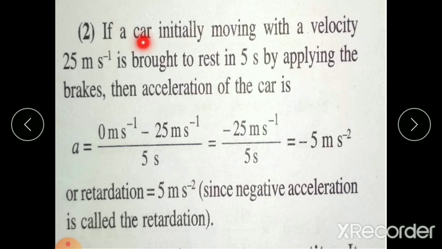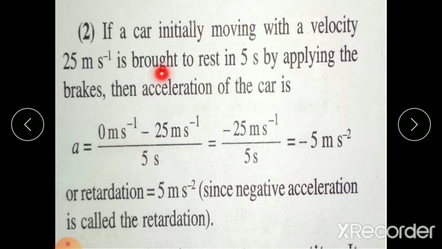Next, a car initially moving with a velocity of 25 meter per second, that is initial velocity u equals 25 meter per second, is brought to rest in 5 seconds. So what is the final velocity? It is brought to rest by applying the brakes, therefore the final velocity will be 0. Then the acceleration of the car is v minus u divided by time.